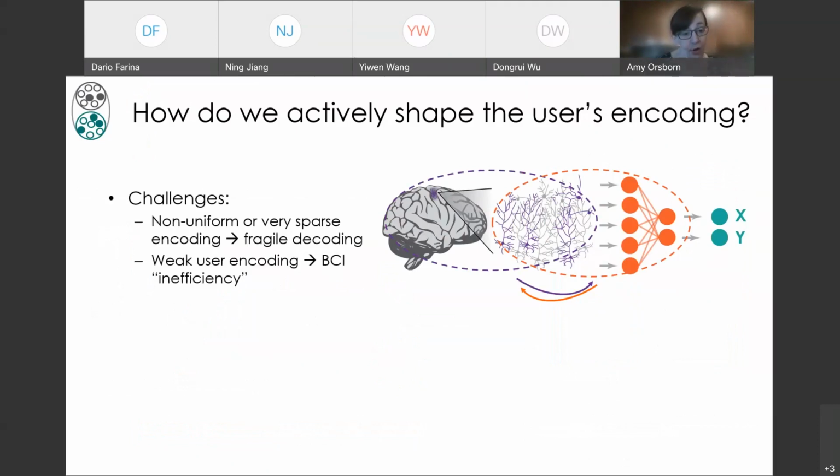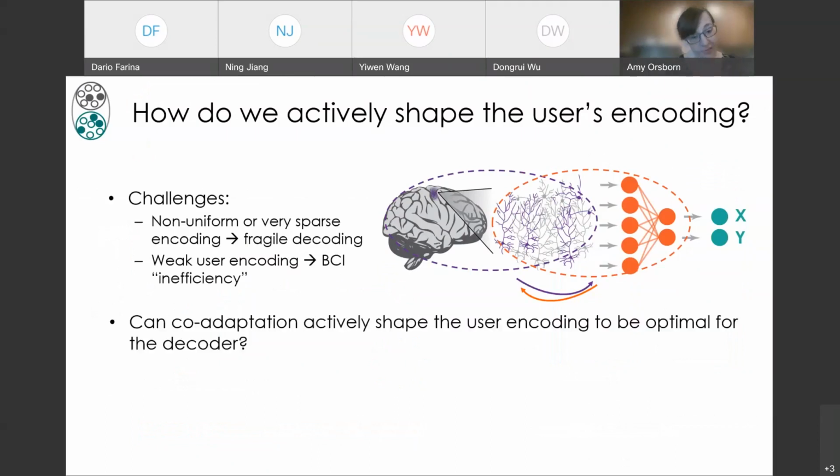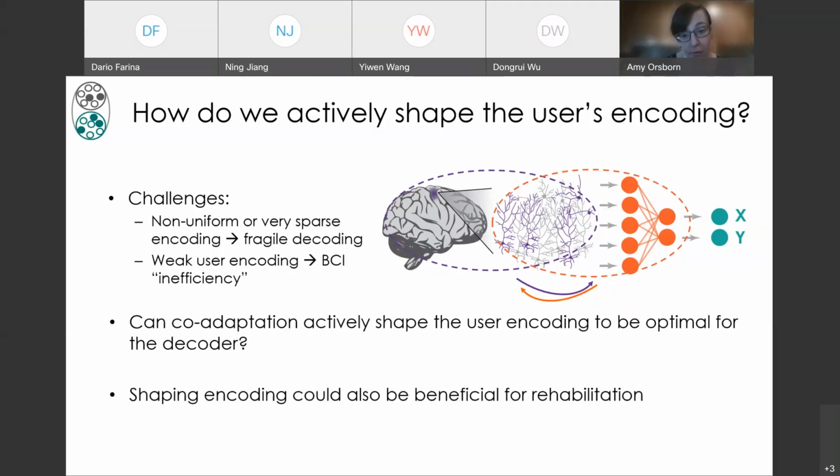More broadly, we've heard reference to phenomena like BCI inefficiency, where users in general sometimes seem to struggle to solve this modulation learning problem at all. And so we're really interested in whether co-adaptation could be used to actively shape the user's encoding in some way. This might be useful to make the brain's representation optimal for the decoder that we're using for BCI control.